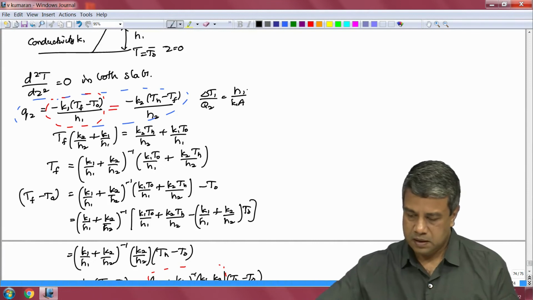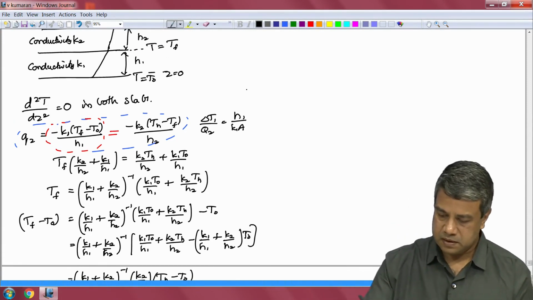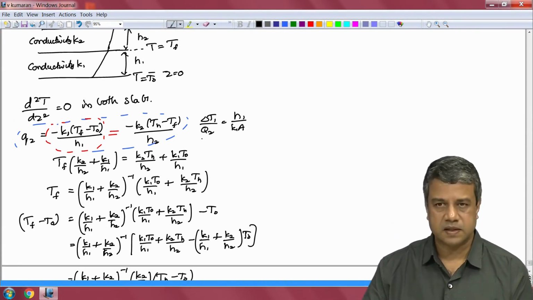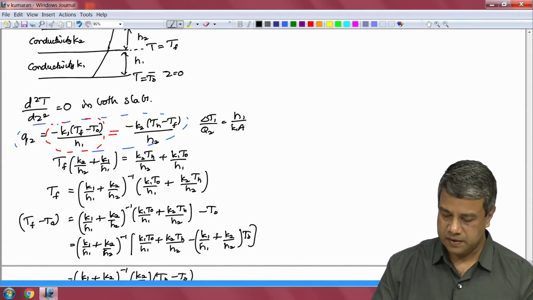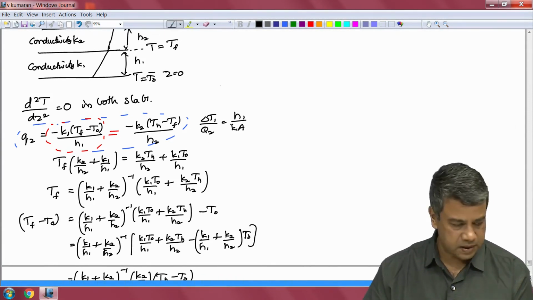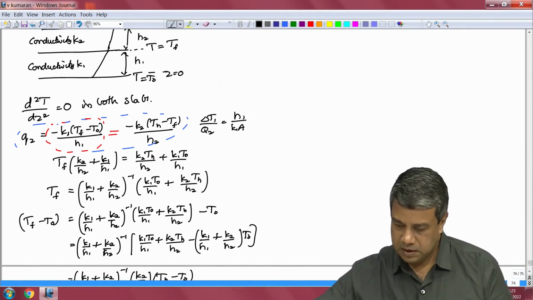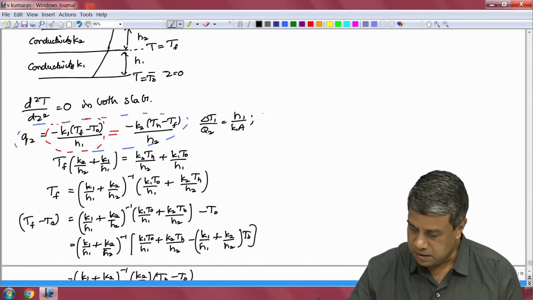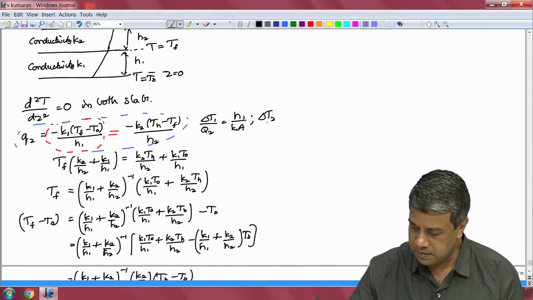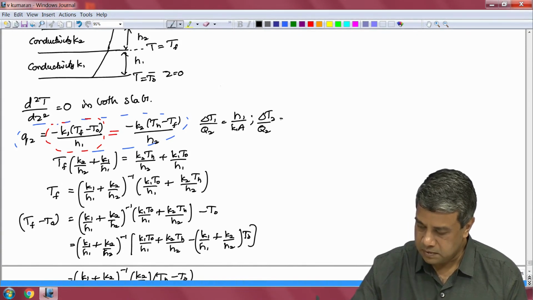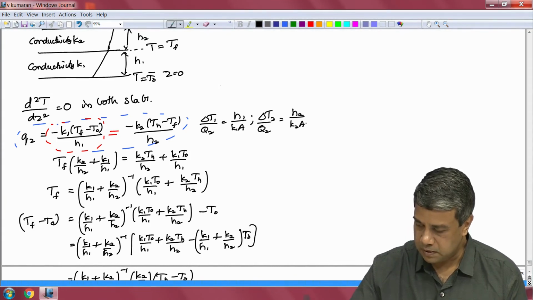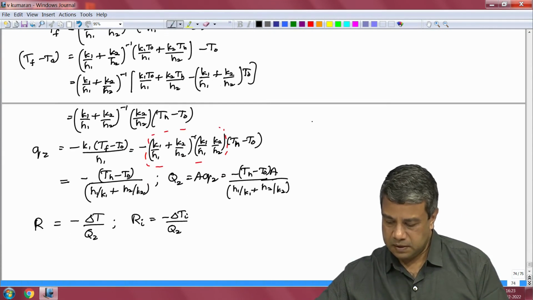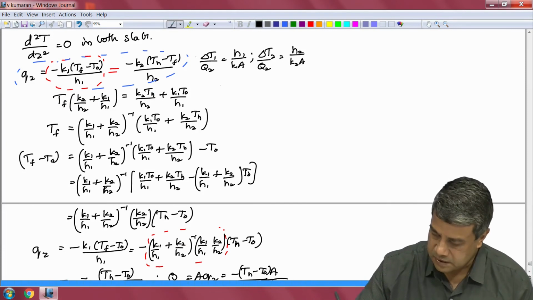The difference in temperature across the first slab divided by the flux has to be equal to H1 by K1A. And similarly, the difference in temperature across the second slab divided by Qz was equal to H2 by K2A. Okay. There should be a negative sign here.